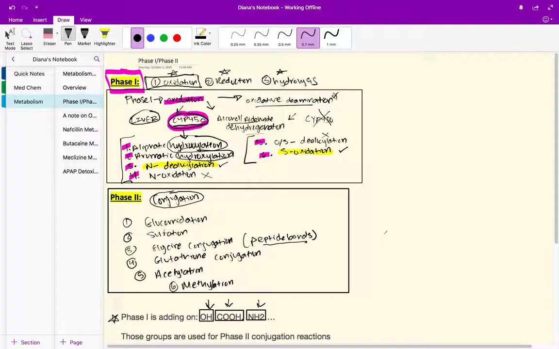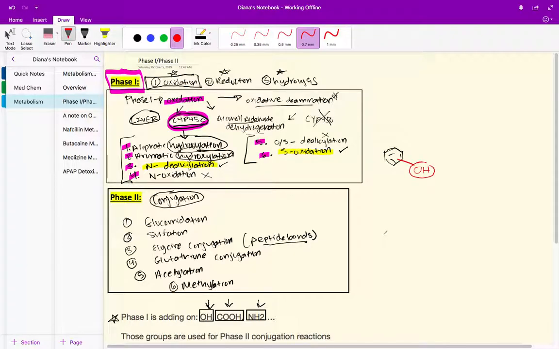Something to keep in mind is a lot of times phase 1 reactions will pave the way for a phase 2 reaction. For example, this is something really common you'll see: an aromatic ring, and then I'll do a phase 1 reaction where I do aromatic hydroxylation, which means that to this benzene ring, I'm going to add on a hydroxyl group.